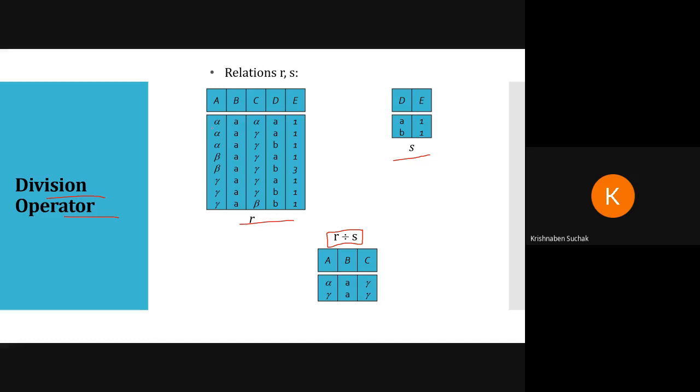Okay. So let us check here. This first thing, alpha A alpha. Why? Because here D is A and E is 1. Okay. Then will alpha A gamma be displayed? Yes. Why? Because here D is A and E is 1, which will satisfy our condition. Okay, so both are shown. Now let us go next.